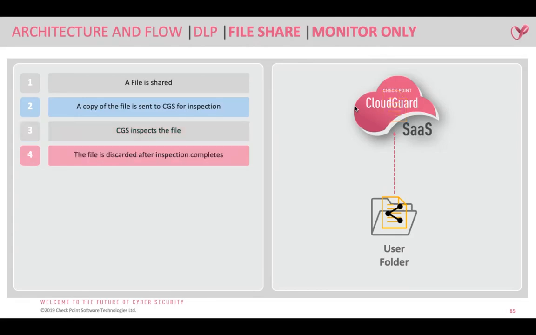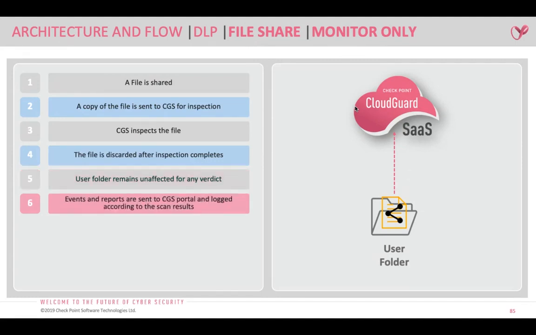The file is discarded after the inspection completes. And then the user folder totally remains unaffected because you have deployed the solution in monitor only mode, right? And then it is going to generate all the events and logs which it found during the inspection. Remember, here there are no remediations, no actions being taken on the basis of the verdict. It's purely on the basis of monitoring, right?